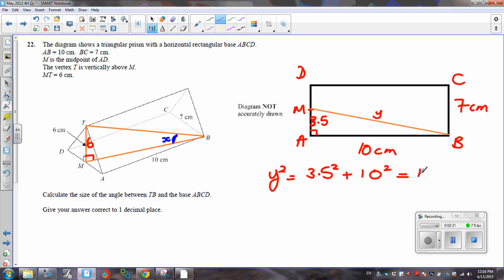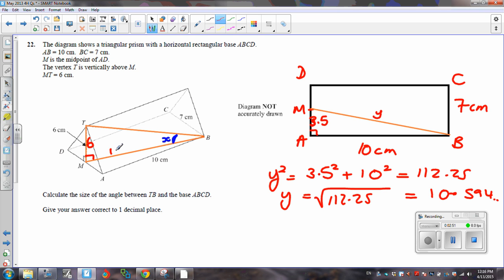Now that comes out as 112.25, which means that the distance from M to B is the square root of 112.25, and that comes out as 10.594, etc. Keep that in your calculation memory, or at least keep it on your screen. So this length here then is 10.59. Make sure you keep that exact.